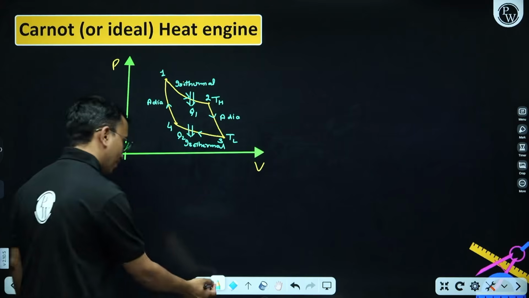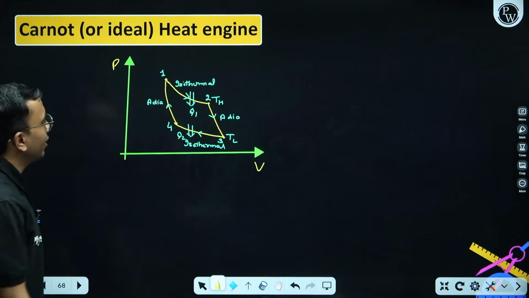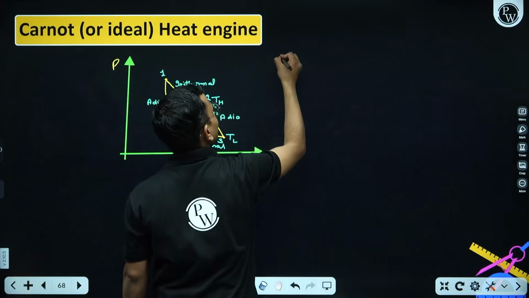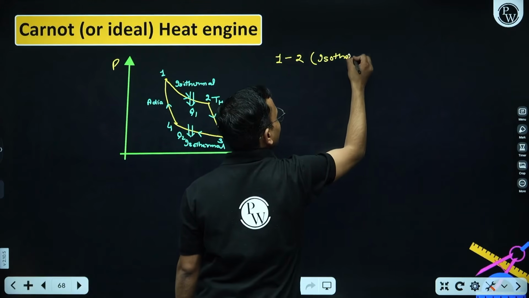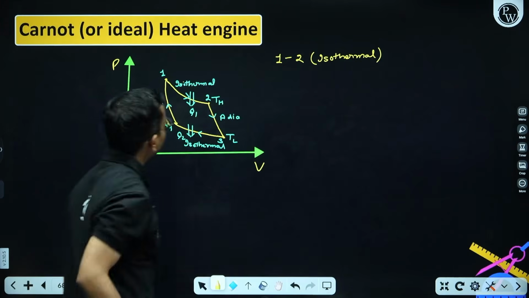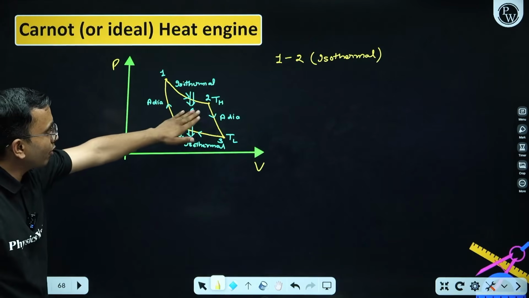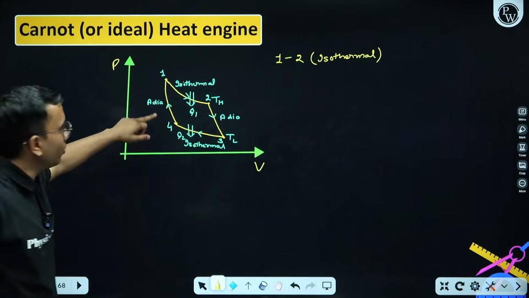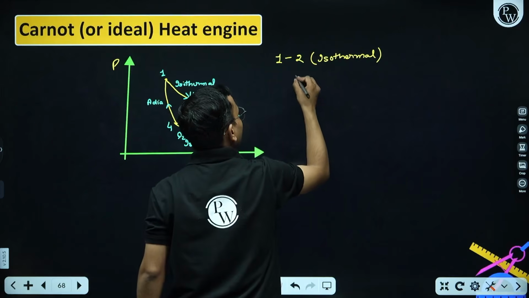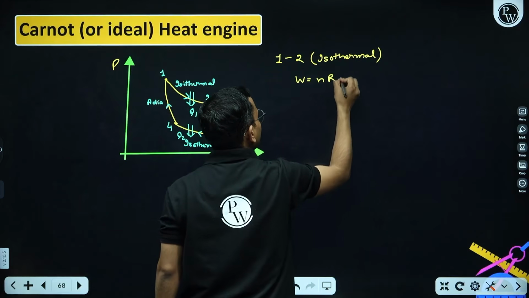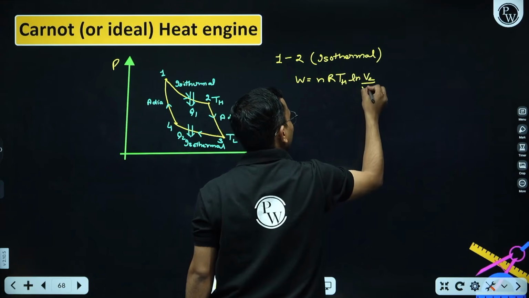Okay, now let us go step by step, in process 1 to 2. This is isothermal. I am considering P1 V1 as pressure and volume at 1, P2 V2 at 2, P3 V3 at 3, P4 V4 at 4. So in isothermal 1 to 2, if I write the work done, what is that? nRT, where T is T high, ln of final volume V2 by initial volume V1.